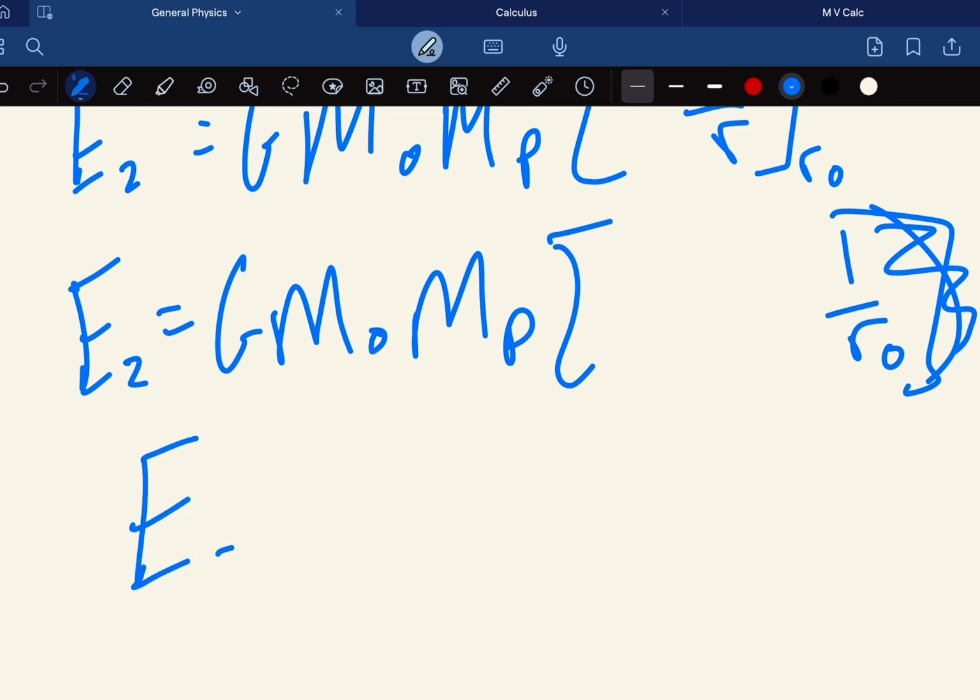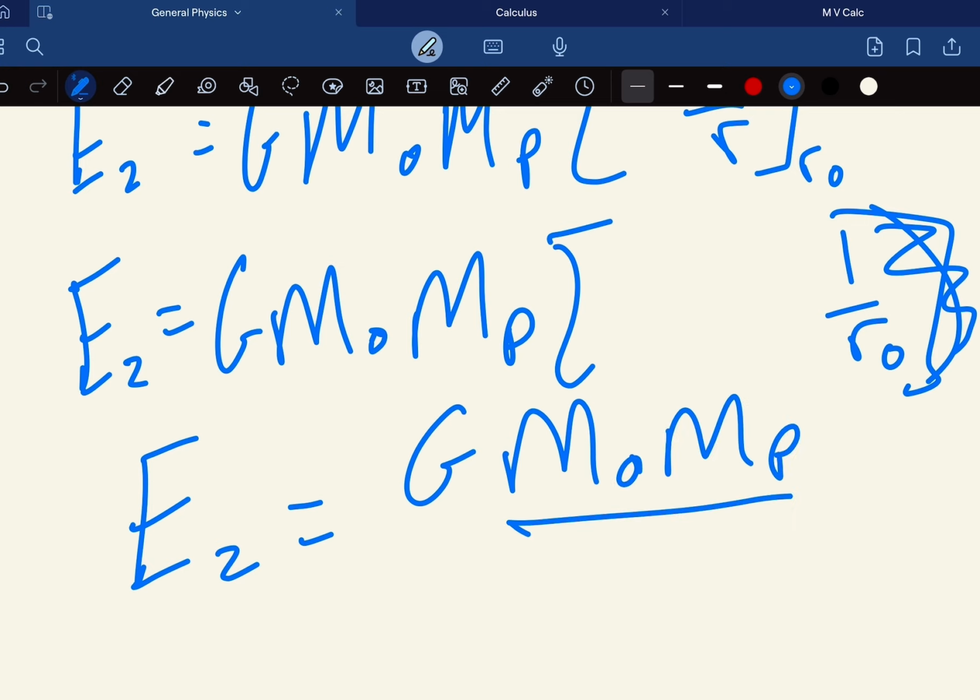So we get that our energy at this point is equal to G Mo Mp over r naught.